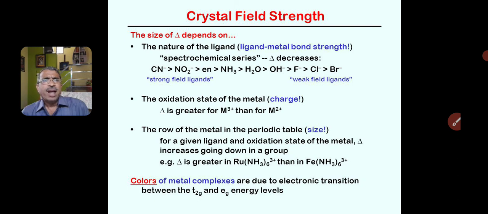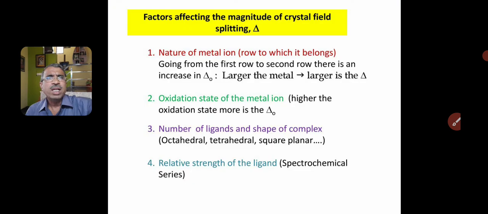For a given ligand and oxidation state of the metal, the crystal field stabilization energy increases going down in a group. The CFSE for the metal ions of the first transition series is less, but when we go to the second and third transition series elements, it keeps increasing. The color of the metal complexes is due to electronic transition between the t2g and eg energy levels.